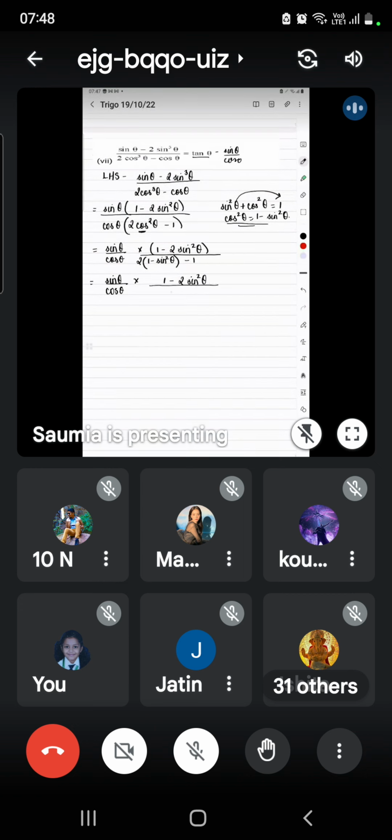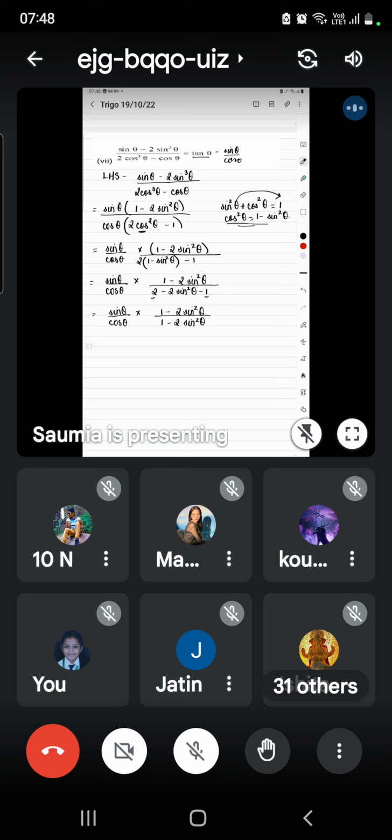Let's come to the denominator. Open the bracket. 2 into 1 is 2. 2 into sine square theta is minus 2 sine square theta minus 1. Then sine theta upon cos theta into numerator is 1 minus 2 sine square theta. Look at the denominator. 2 minus 1 is 1 minus 2 sine square theta.